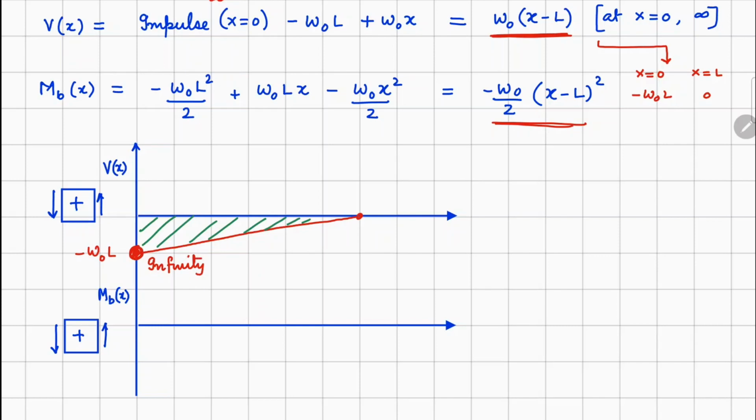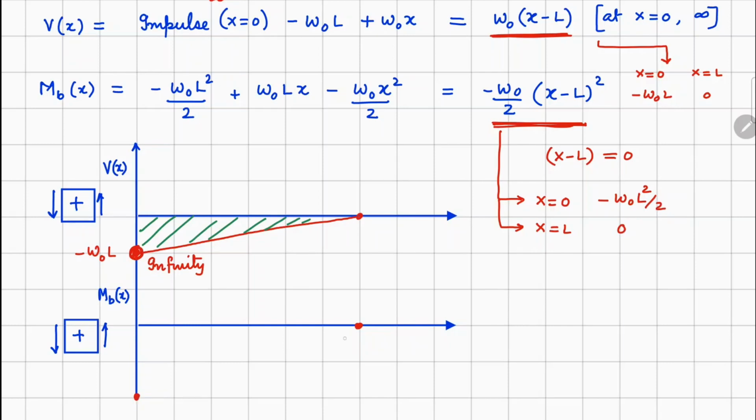Now looking at your bending moment, this is a parabola which is opening downwards because the coefficient of x square is going to be negative here. And if you take the derivative of this also, it's going to give you x minus L, meaning the peak of this is going to be at x equals L. So this is where the peak is going to be, and it's going to be opening downwards. And the value of this can be checked at 2 points, x equals 0 and x equals L. At 0 this value is going to be minus W naught L square by 2, and at x equals L the value is going to be 0.